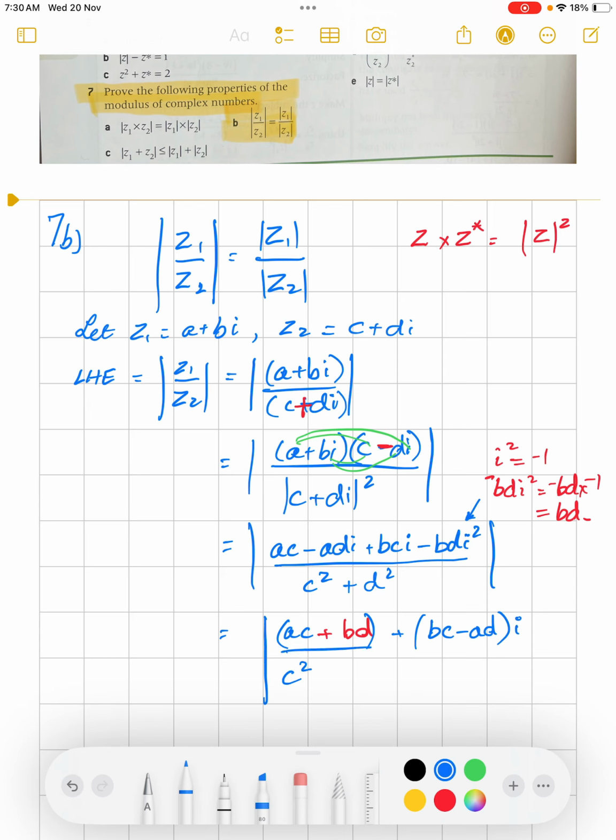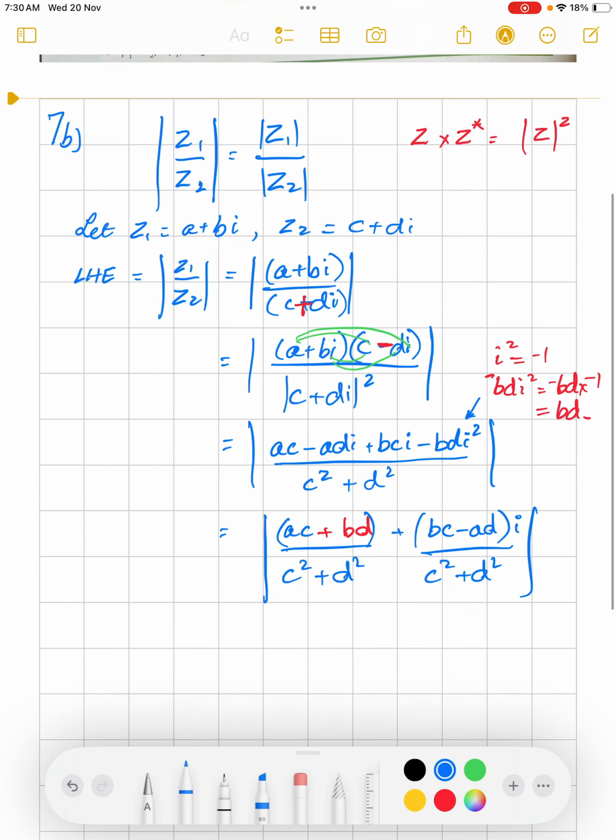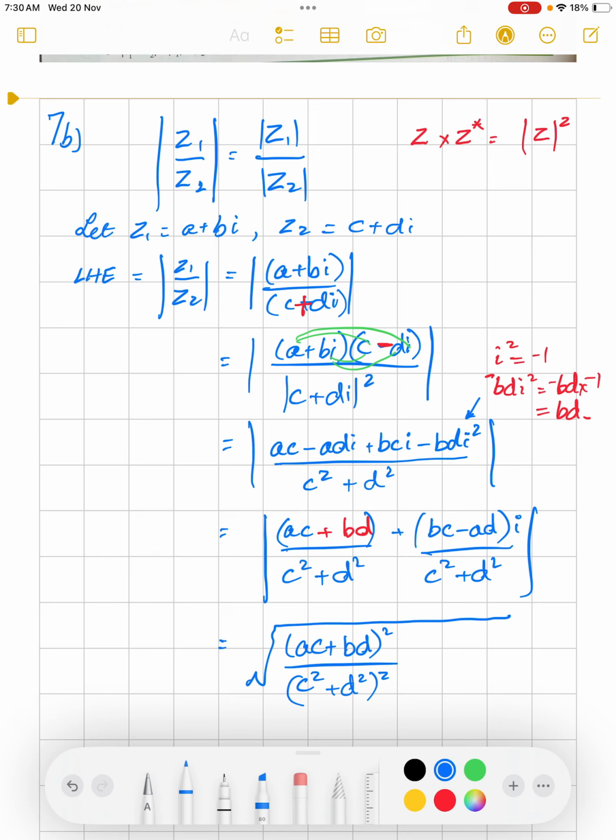I will just put them both over C squared plus D squared, because when we get the modulus, that would be the square root of this first fraction squared, plus the square of the imaginary component BC minus AD, over C squared plus D squared, squared.